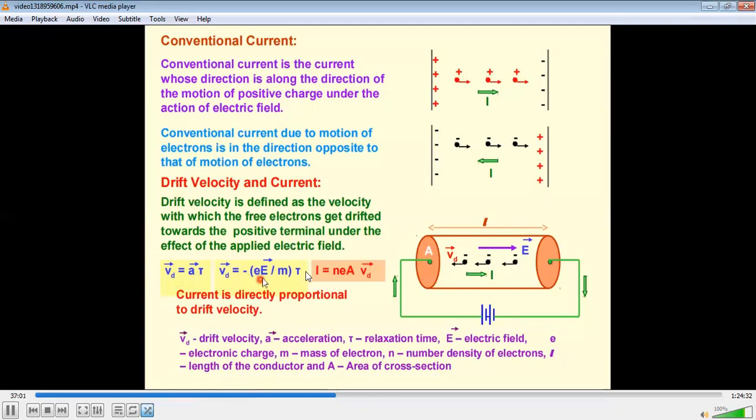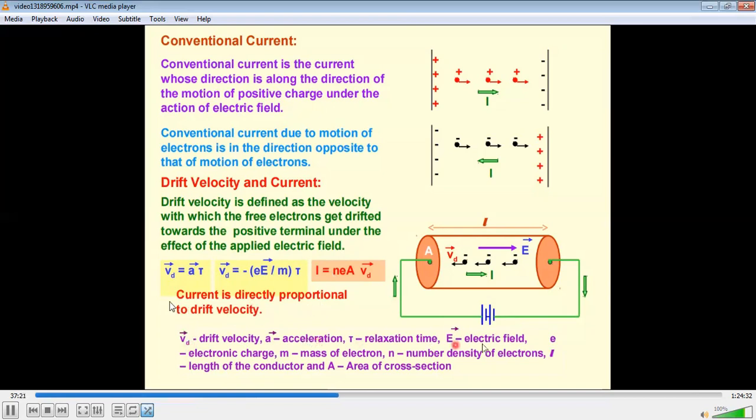Acceleration can be measured by minus eE by m. So I equals nAe vD. We can use here that current is directly proportional to the drift velocity.